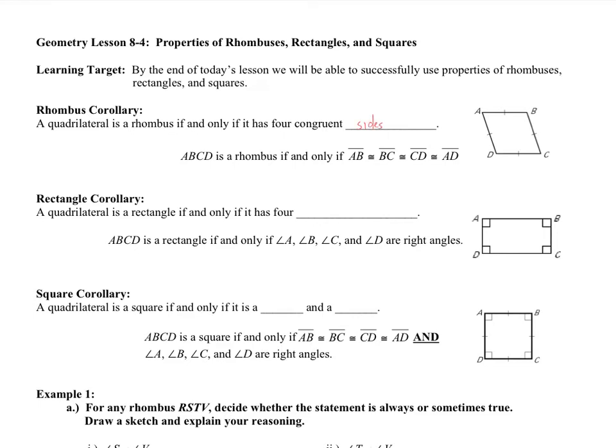So, if ABCD is a rhombus, if and only if segments AB, BC, CD, and AD are all congruent. For the rectangle corollary, it states that a quadrilateral is a rectangle if and only if it has four right angles.